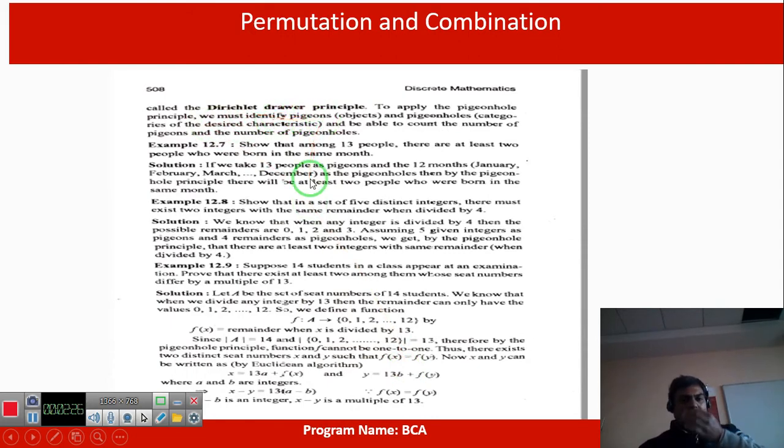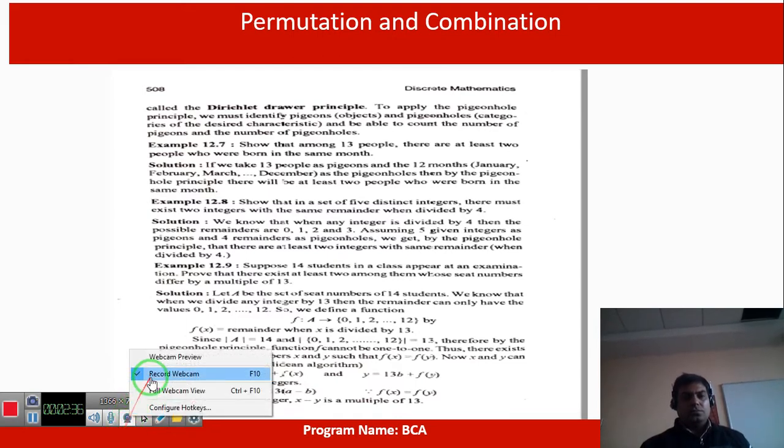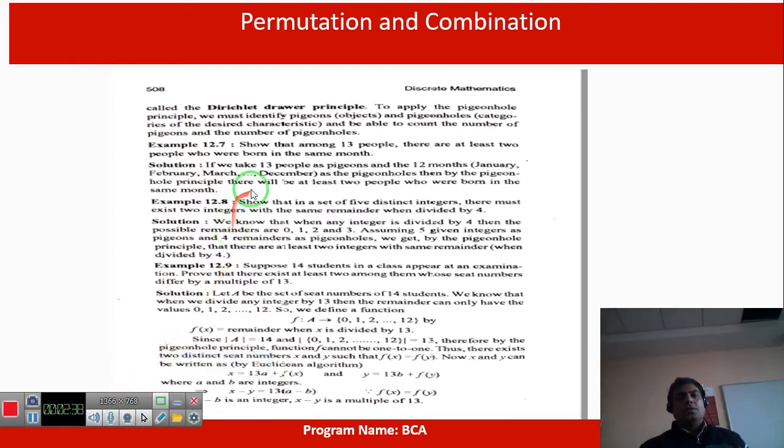An example of that: among 13 people there are at least 2 people who were born in the same month, because the number of months in a year is 12.